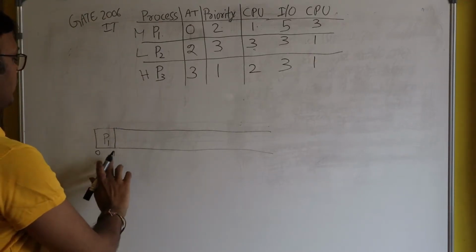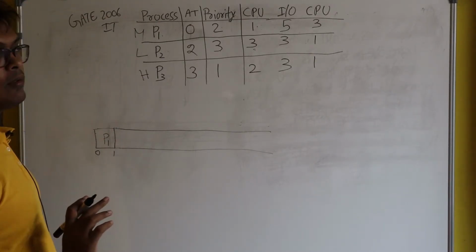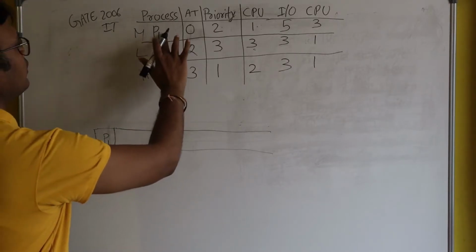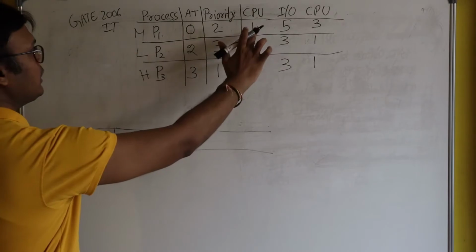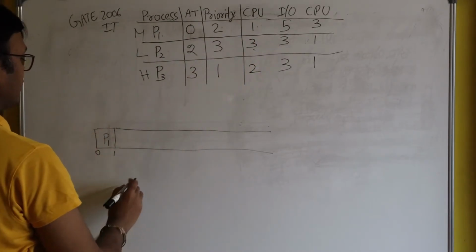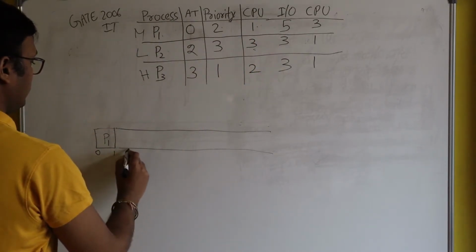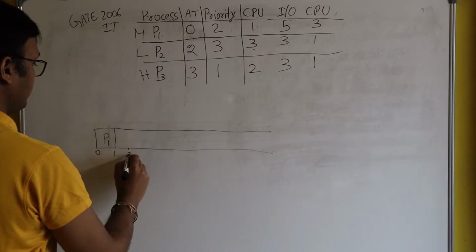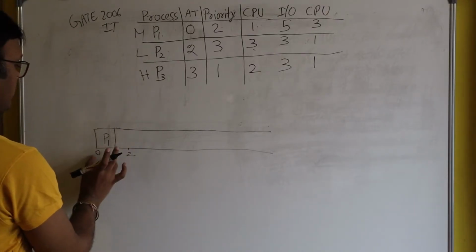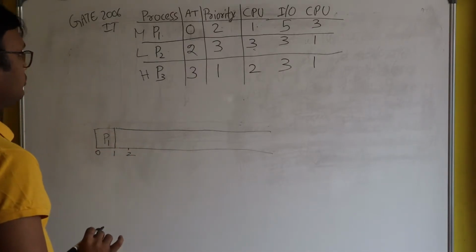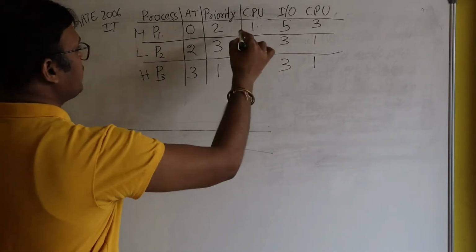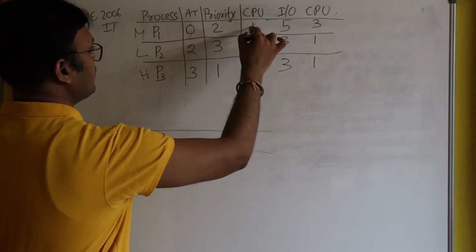Okay, so from 0 to 2 seconds none of the other processes have arrived, but P1 has run for 1 second because its first CPU burst was of 1 second. So now P1 has finished its first CPU burst.